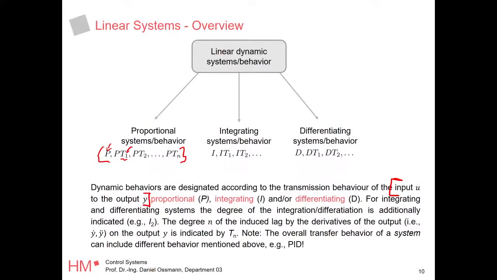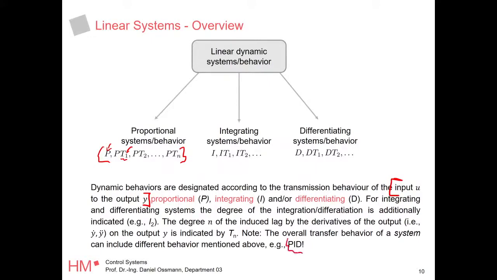And there I tweaked the sentence a little bit to try to make this clearer, right? So our input might be integrated, then it's an integrating system. It might be differentiated, then it's a differentiating system. It also can be any combination of these two.